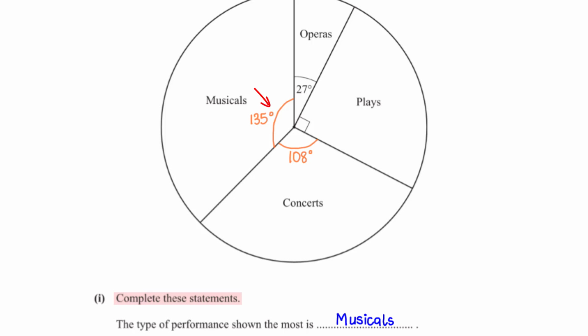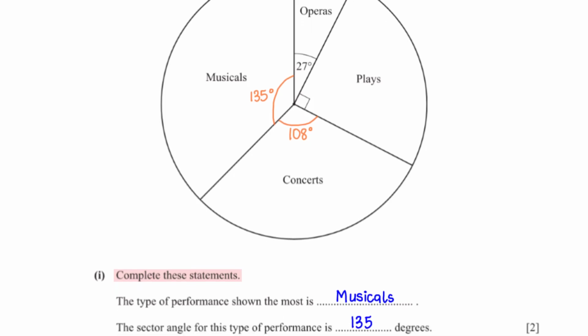When we subtract the sum of 135 degrees, 27 degrees, and 90 degrees from 360 degrees, we get the sector angle for concerts to be 108 degrees. Musicals has the largest sector angle, and so the type of performance shown the most is musicals.